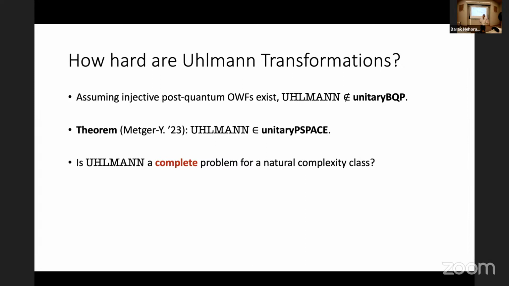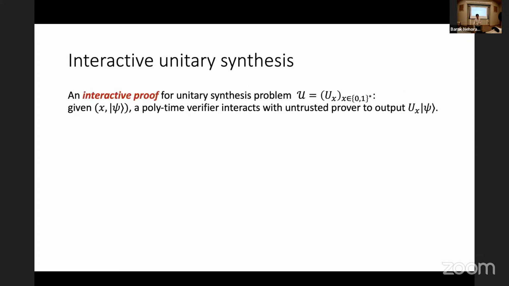You can always define some complexity class for which, by definition, Uhlmann is complete, but that's not so interesting. It turns out there's a pretty natural one, and it's defined in terms of an interactive proof complexity class.